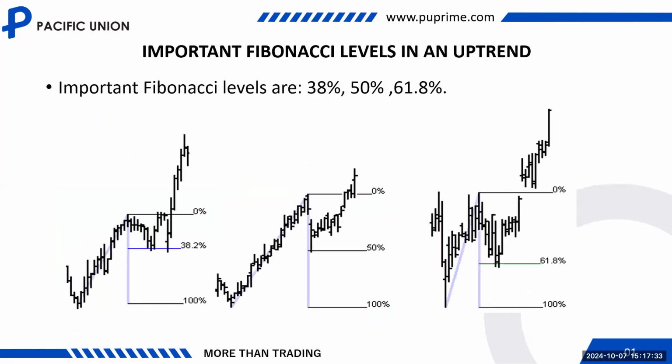Important Fibonacci levels are Fibonacci 38%, 38.2% precisely, 50%, and 61.8%. These are very, very important levels on the Fibonacci tool. And we can see that in the example on the screen. We can see 0%, 38.2%, 50%, 61.8%, and 100%.